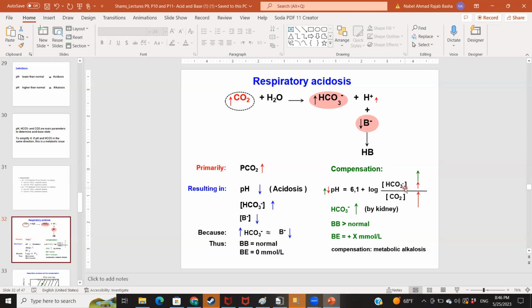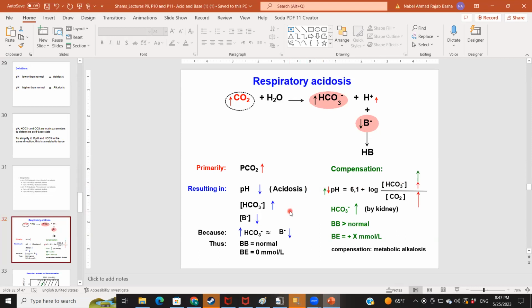So bicarbonate will increase. Why? Because the kidney is reabsorbing bicarbonate in the proximal tubules. So we have a higher increase in bicarbonate, and then the pH can go back to normal levels. This is how we compensate.